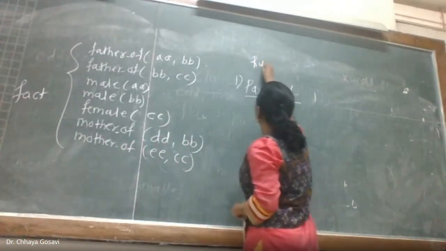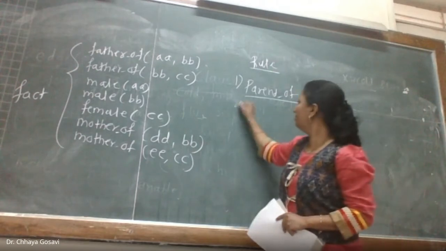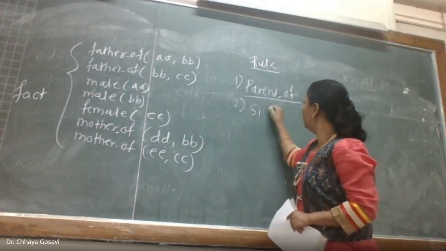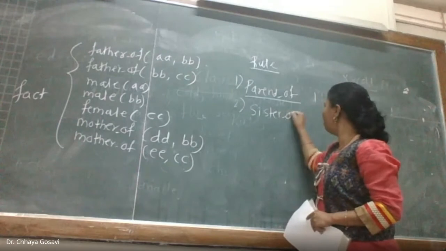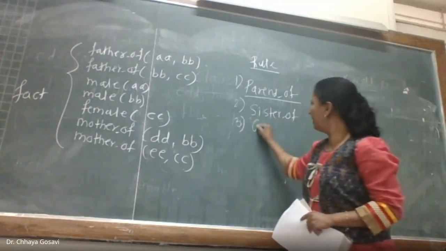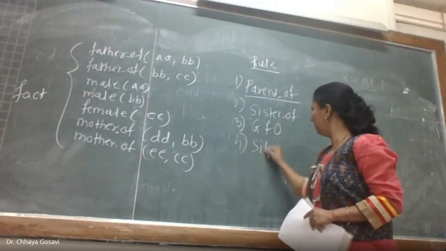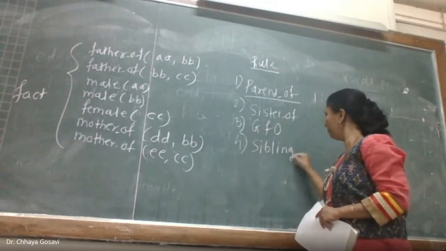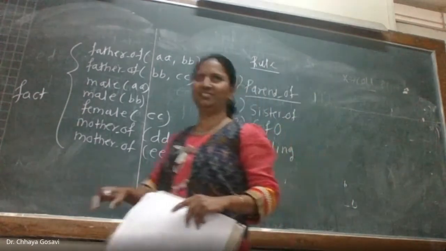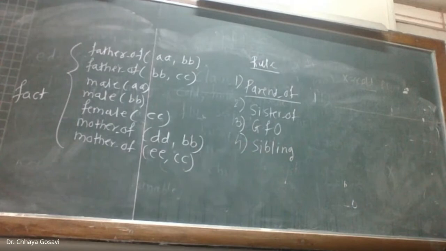I want to design a rule for a relation parent of, sister of, grandfather of, sibling. How to write a relation parent of?